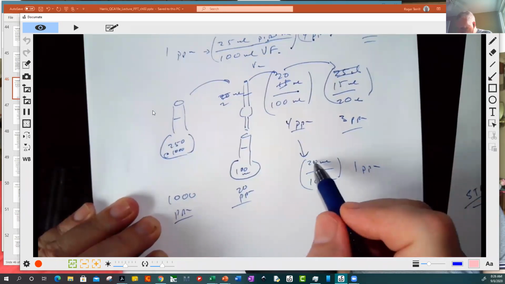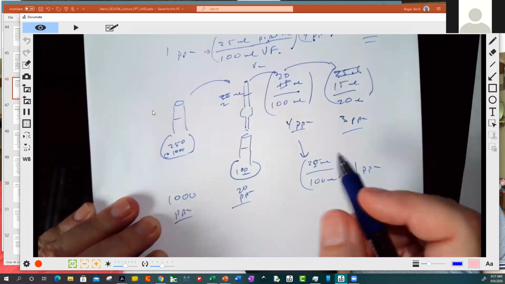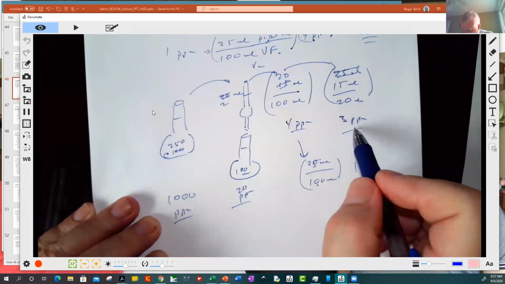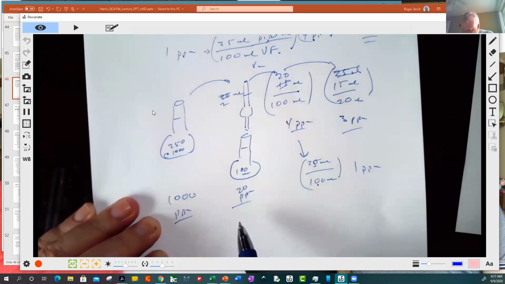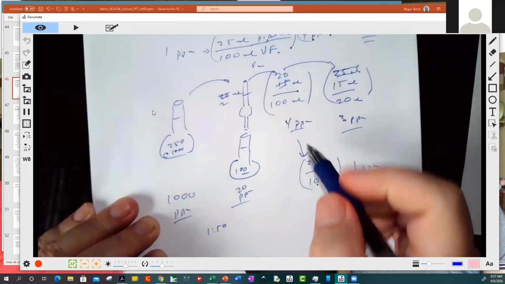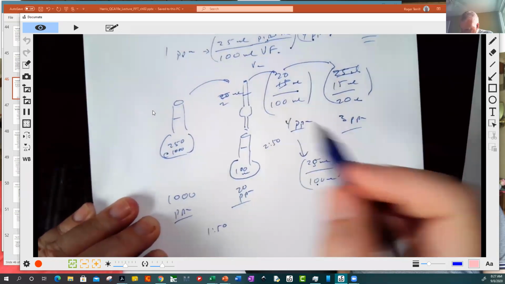So this will be 1 to 4. This will be 3 to 4. This will be like 1 to 50. Etc.